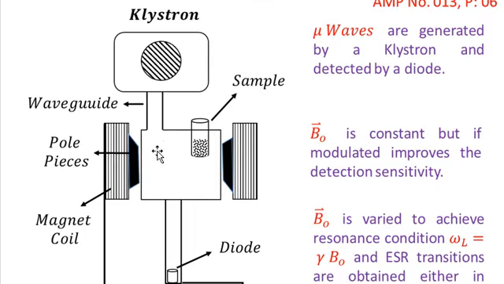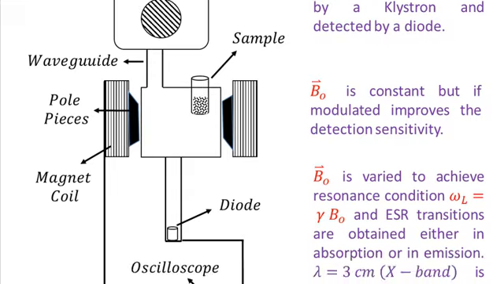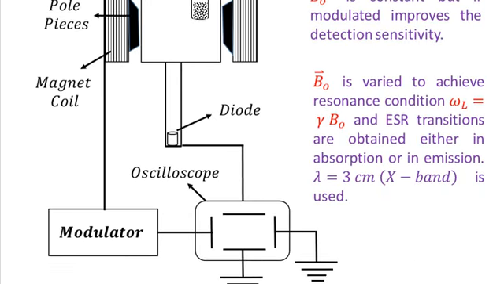The microwaves traveling through the waveguide will illuminate the sample. After illuminating the sample, the microwaves travel through the waveguide down to the diode and are incident on the diode, and the diode will receive the signal. This diode will display its signal on the oscilloscope.